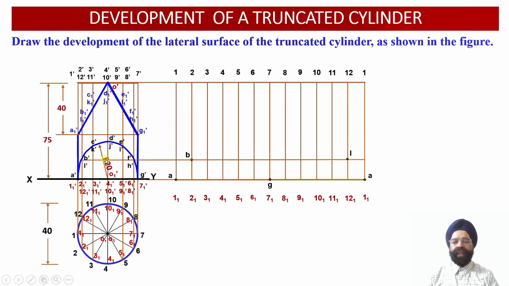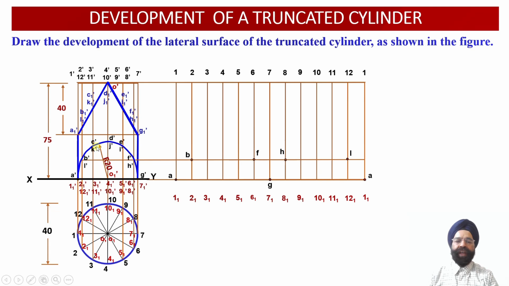Let us evaluate the intersection of the horizontal projector line drawn through the points F dash and H dash with vertical projectors 6 6 1 and 8 8 1 over here. So this way points F and H have been obtained on the vertical projectors 6 6 1 and 8 8 1 over here. So the 4 points of intersection corresponding to the semicircular cutting plane have been appropriately located into the developed surface area over here.